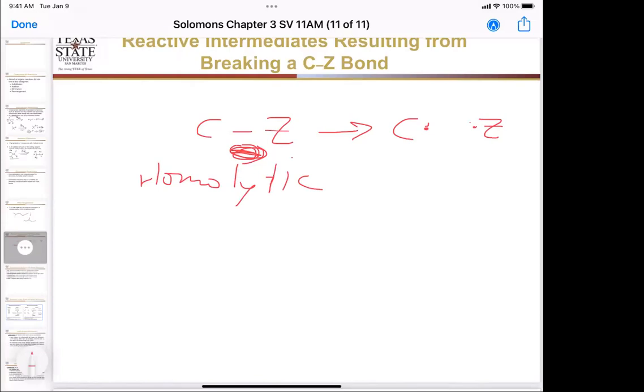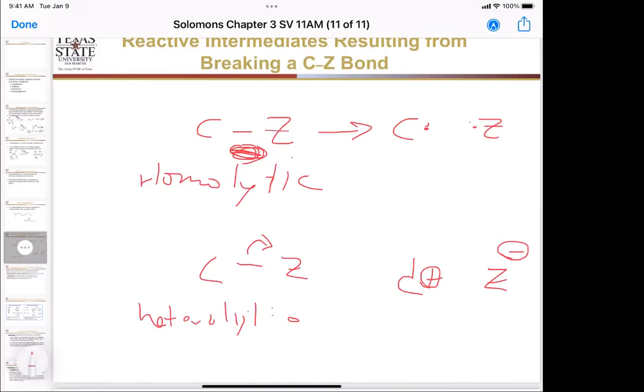Okay? And what happens is we have both electrons go onto the Z, and we end up with the carbon, which now has a positive charge, and our Z that has a negative charge. We call this heterolytic cleavage, because the 2 components ended up with different amounts of electrons.